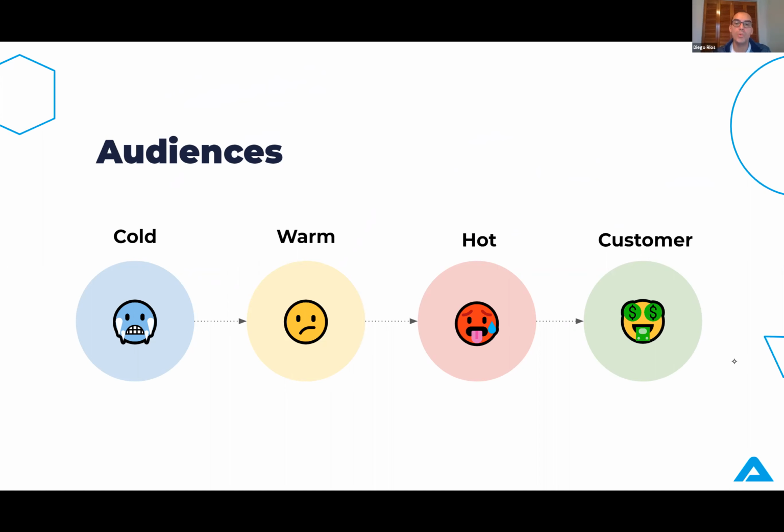The content that you're pushing will vary a bit as well. Someone who doesn't know you probably needs a different type of creative, video, ad, text than someone who's about to make the purchase, or someone who's already your customer. But you're always pushing people along those funnels, and that's how you usually use the audiences as well.